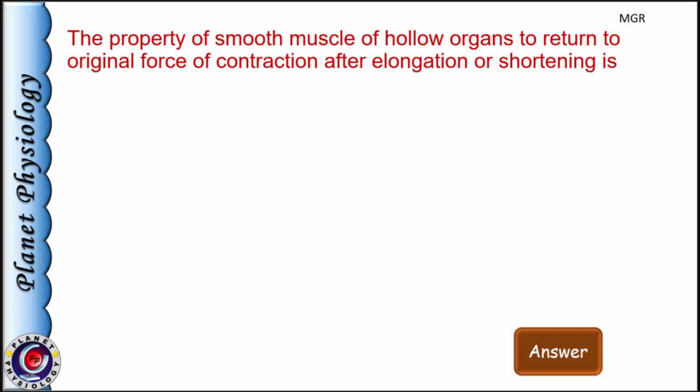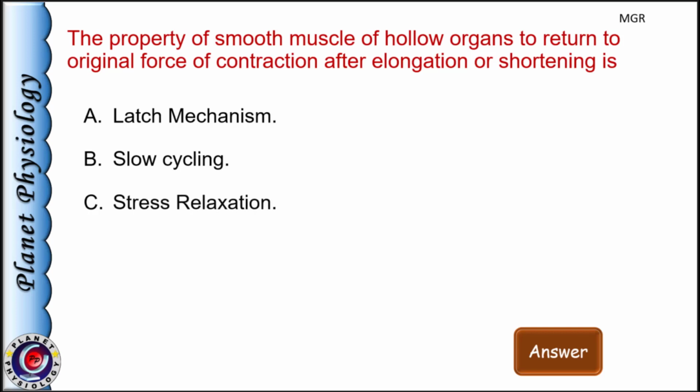Next question, again from MGR University. The property of smooth muscle of hollow organs to return to original force of contraction after elongation or shortening is: A. Latch mechanism, B. Slow cycling, C. Stress relaxation, and D. Power stroke.